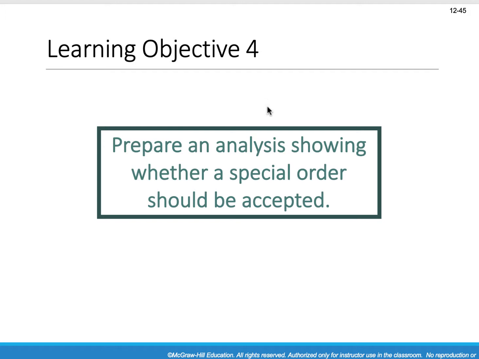Being able to, say it with me, identify differential costs, differential revenue, being able to identify sunk costs and avoidable cost and unavoidable cost, and putting a monetary value to those, and in calculating, should we accept this special order or should we reject it? So let's just jump right in.